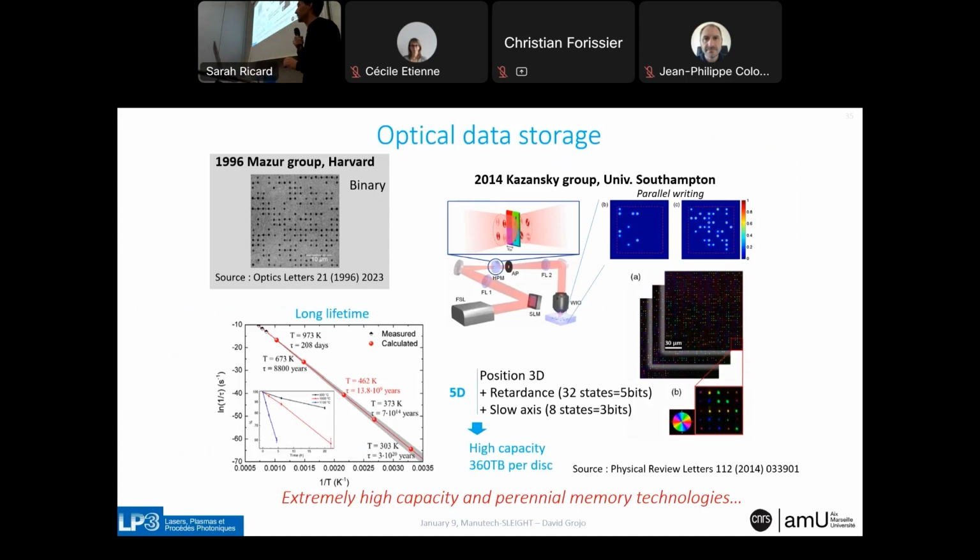Yeah, on the left image I show a two-dimensional plane. On the right, these are some results obtained by Kazansky's group in Southampton. They use a 3D, I mean, to demonstrate this high capacity level, it's true 3D.